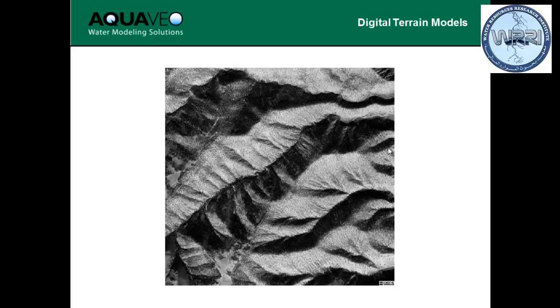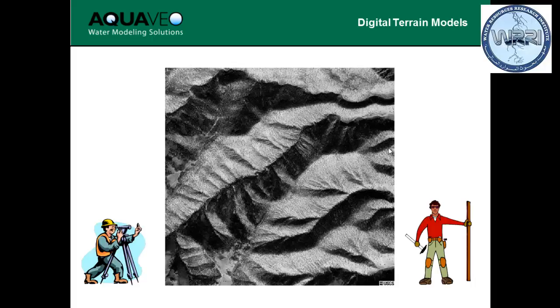If I want to have a survey or go out and collect some elevation points, and this is a map, an aerial photograph, so I have these mountains here and then some valleys down here. Which points is the surveyor going to collect?